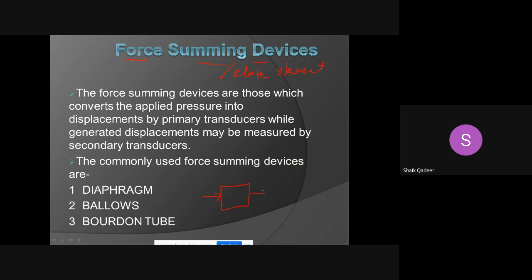In case of medium pressure measurement, if you are using force summing devices, then this is used as primary transducer, whose job is to convert force or pressure into displacement. The secondary transducer can convert this displacement into electrical signal.